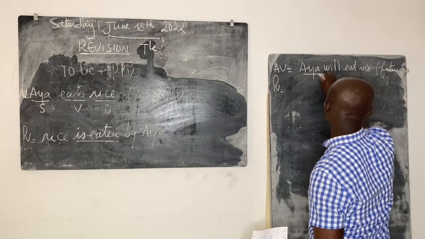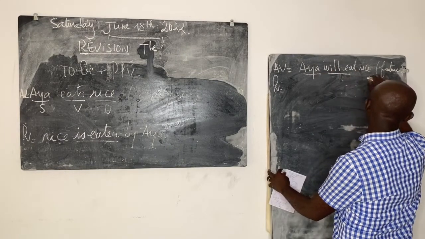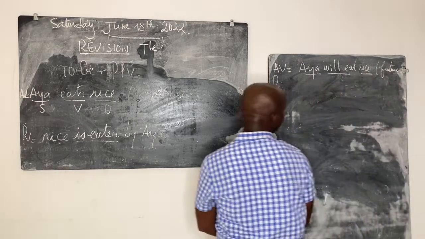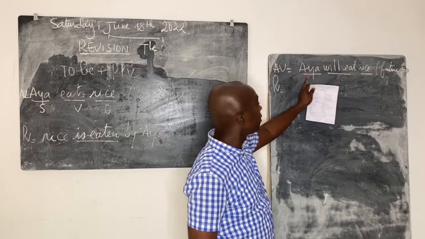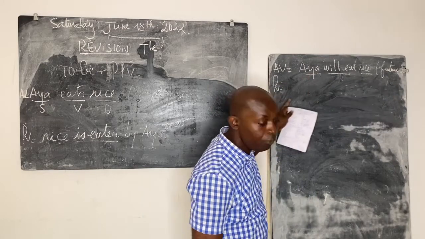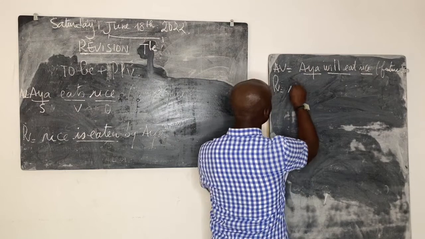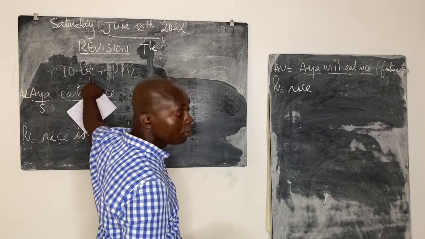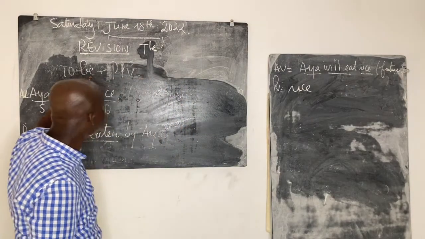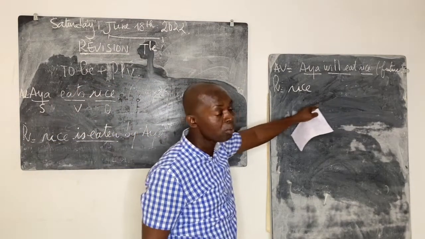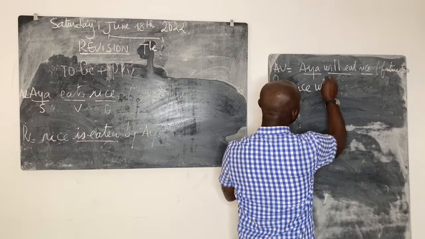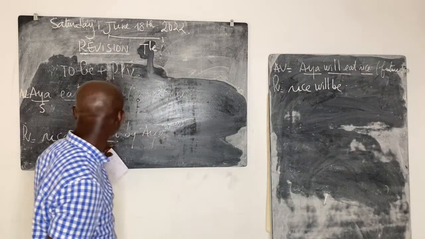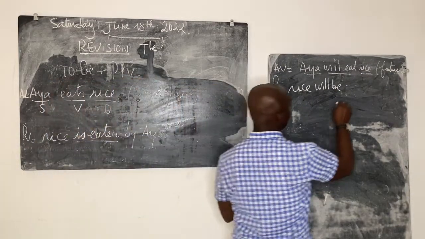This is the subject, the verb, and the object. The object becomes the subject, so it's going to be rice. The verb to be is going to be conjugated in future simple. It's going to be will be plus the past participle of our verb. To eat is eaten.